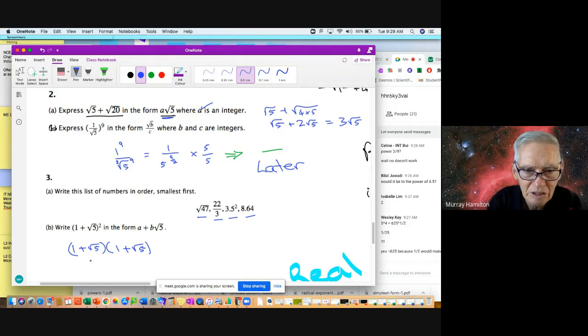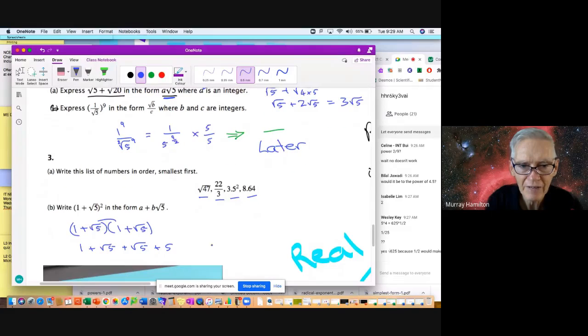Expand out: 1 times 1, 1 times root 5, root 5 times 1, and root 5 times root 5 gives you 5. We add our 5 and our 1 together. These bits here, 1 and 5 make 6. 6 plus 2 root 5.